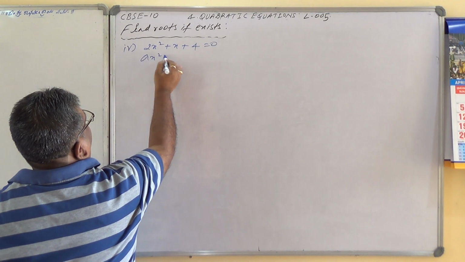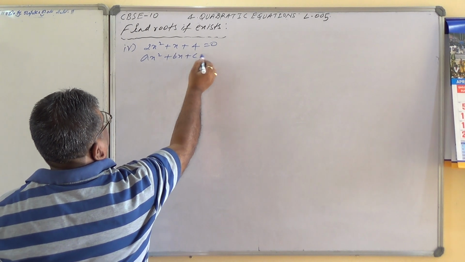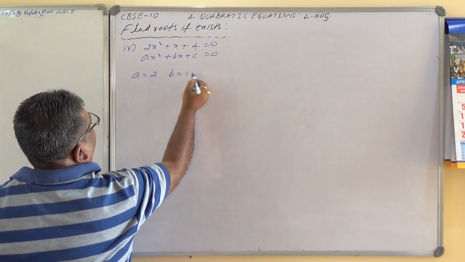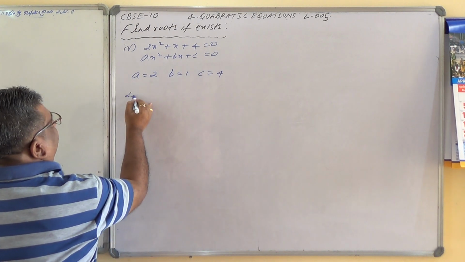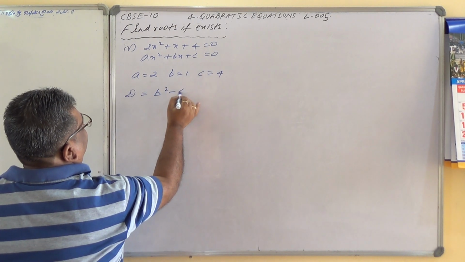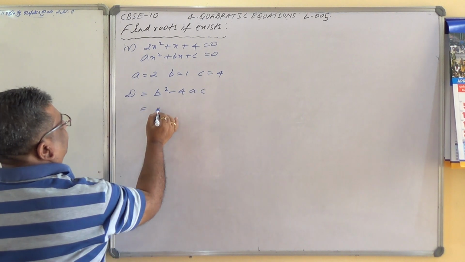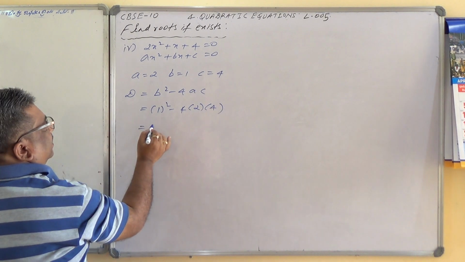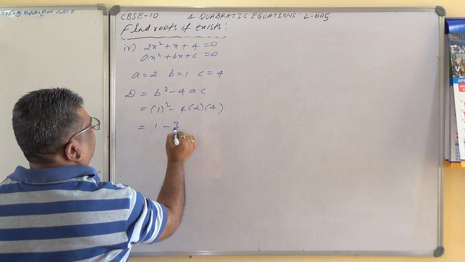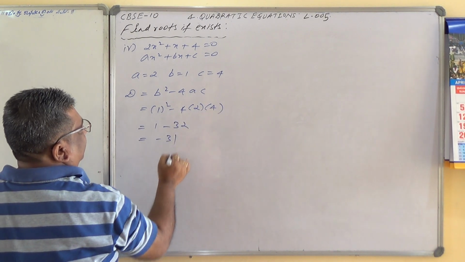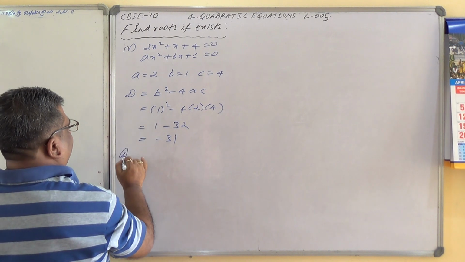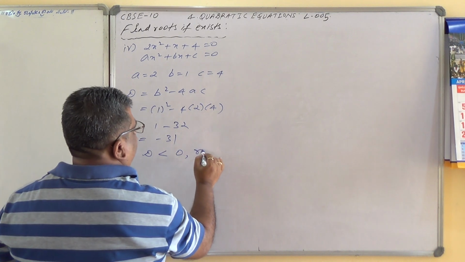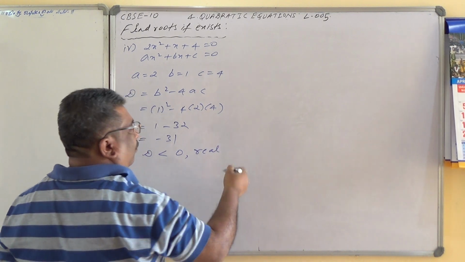By comparing with ax square plus bx plus c equals 0, I get a equals 2, b equals 1, c equals 4. Therefore, D equals b square minus 4ac, which equals 1 squared minus 4 times 2 times 4, which equals 1 minus 32, which is minus 31. So, as D is less than 0, real roots do not exist.